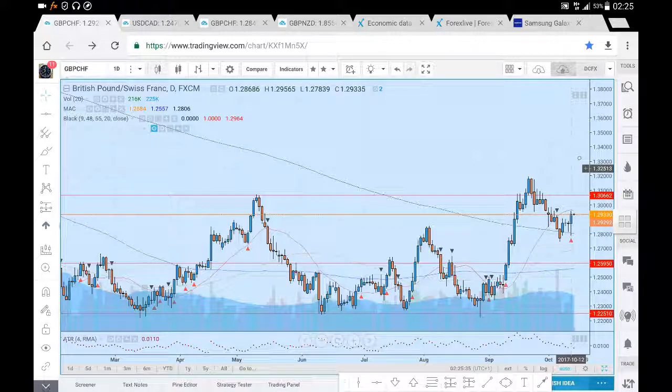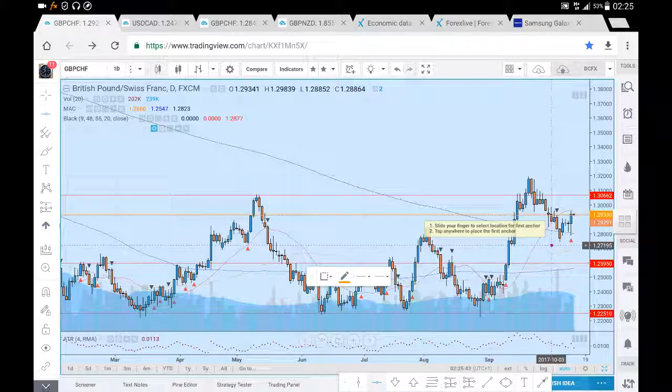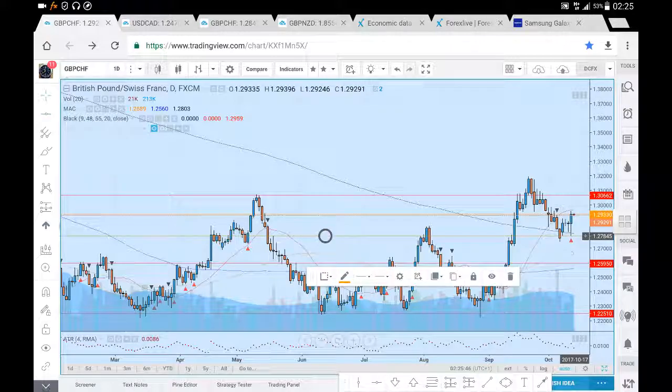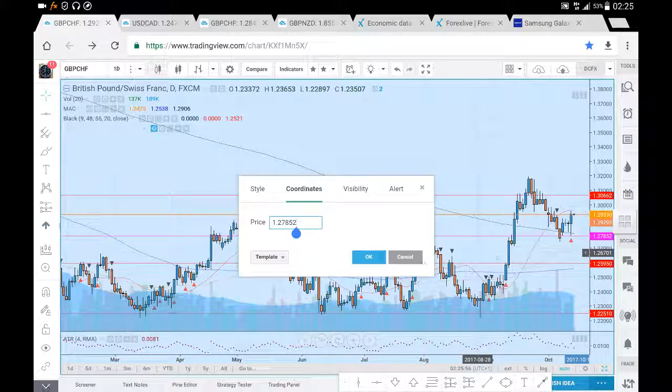And our hypothetical stop will be at 127.84. Let's just change that to pink, and let's just make sure our level is correct. 127.85.